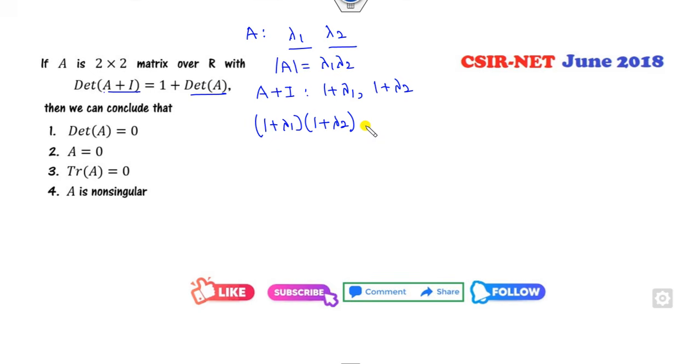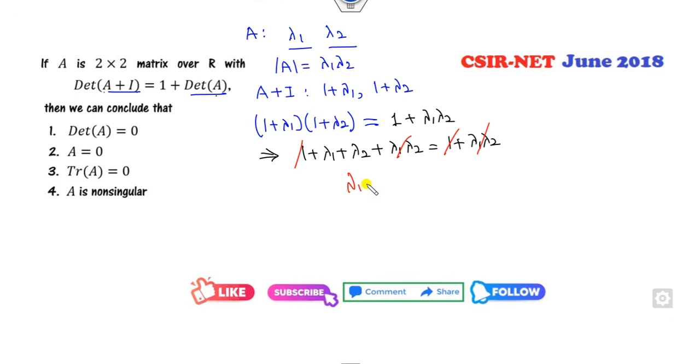I can substitute this equation, 1 plus lambda 1 into 1 plus lambda 2. Now you can open this bracket. Clearly 1 will be cancelled out, so that means lambda 1 plus lambda 2 is 0. Now look at that, this means the trace of the matrix is 0, which is the right answer.